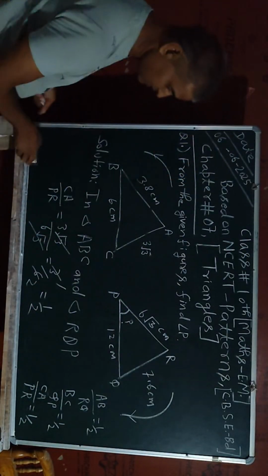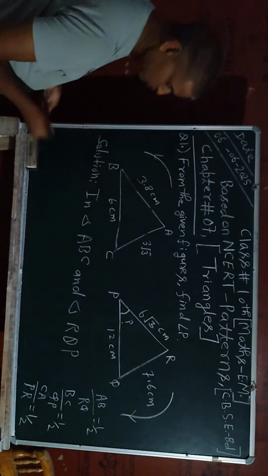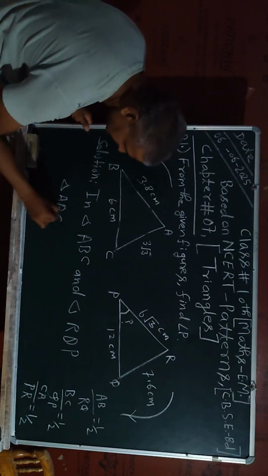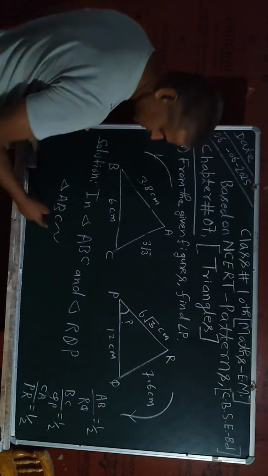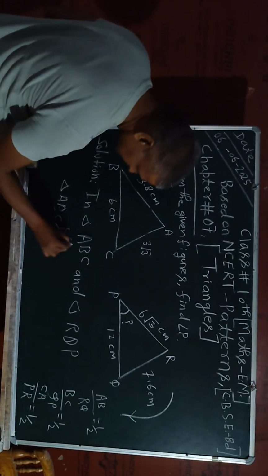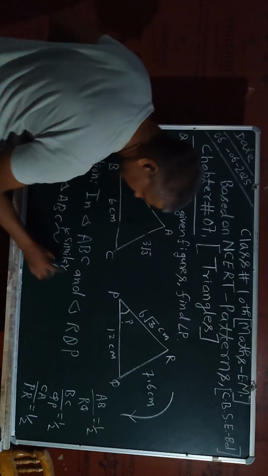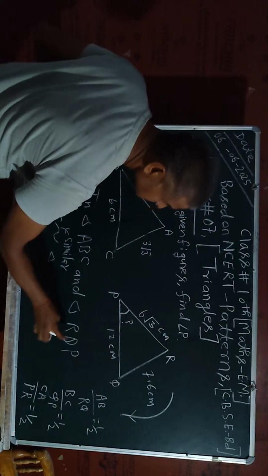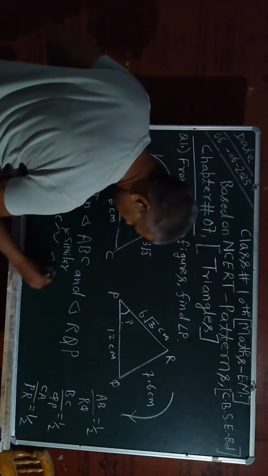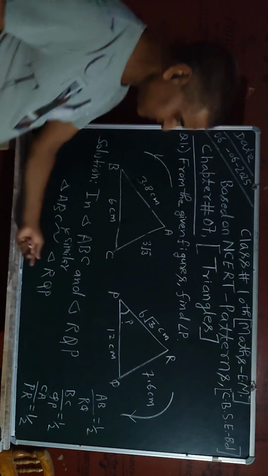So I will write here this information. I am going to remove this, and then I will say triangle ABC is similar, this is the symbol of similar, to triangle RQT. So these two triangles are similar.